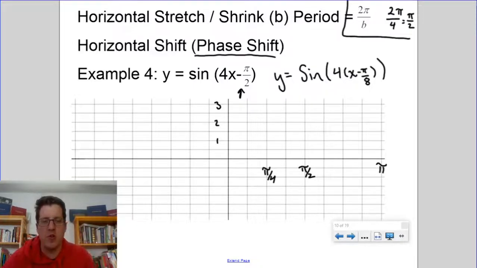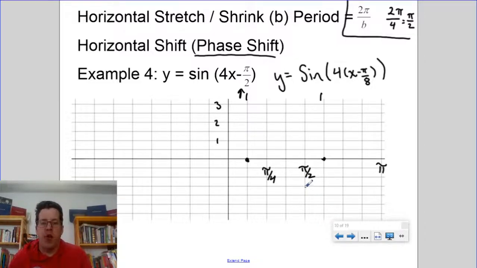Because the coefficient of x is 4, our period is actually going to be pi over 2. So what that means is that our graph is going to start at pi over 8, and its period is going to be pi over 2. So one cycle of the graph is going to fit inside this space.